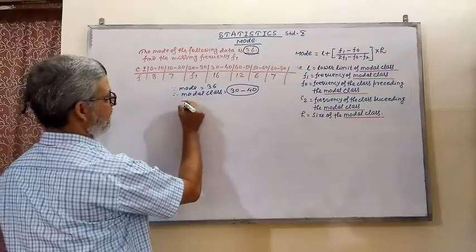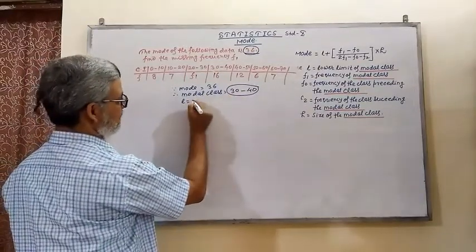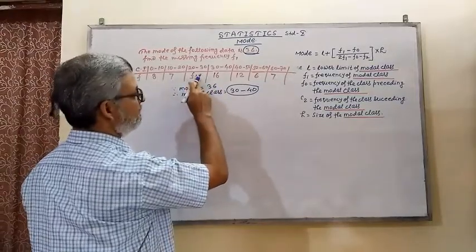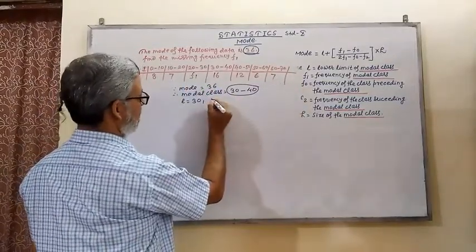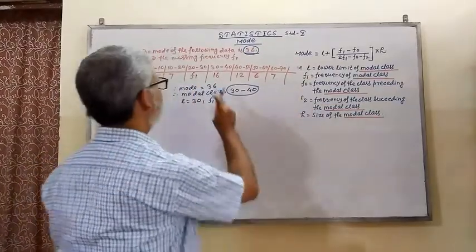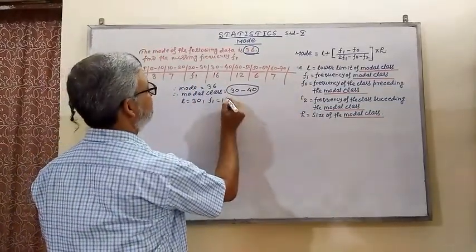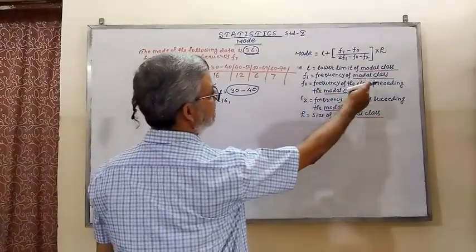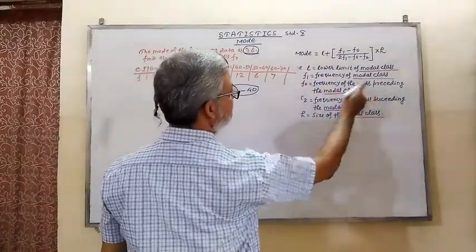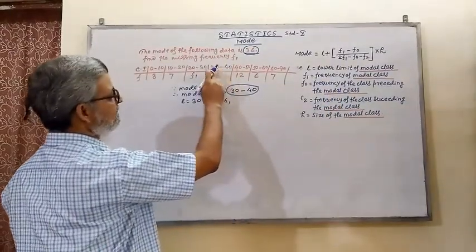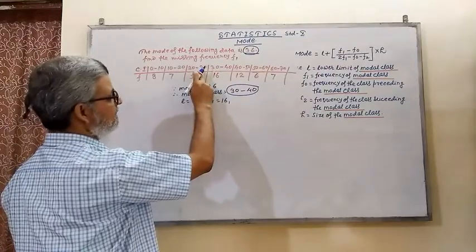So here L is equal to 30. Then f1 is the frequency of the modal class, that is 16. Then f0 is the frequency of the class preceding the modal class. 30 to 40 is the modal class, and just before that 20 to 30 is the class interval.